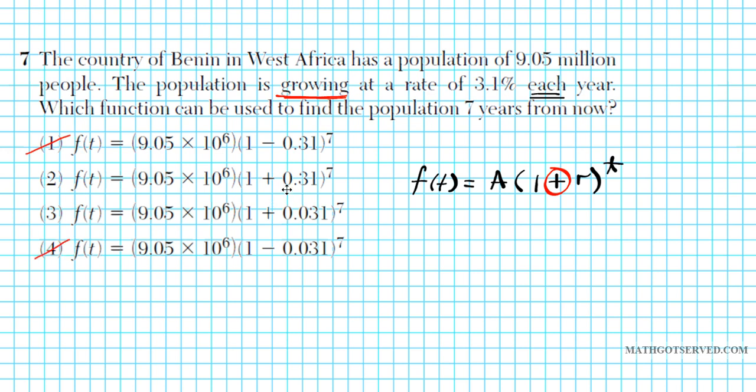Now let's shift our attention to this piece right here. What is that? That is the growth rate. One thing you want to note is that R is the growth rate in percent. What does percent mean?